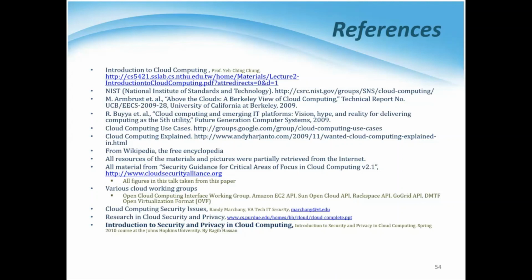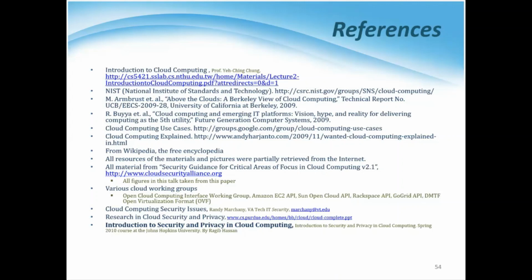Whatever content we are using, you can verify from cloudsecurityalliance.org. And you can use our book also, because the textbook is very important compared to what we discussed now. So please follow the textbook. It will be more useful for you.